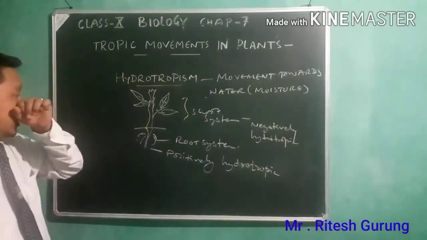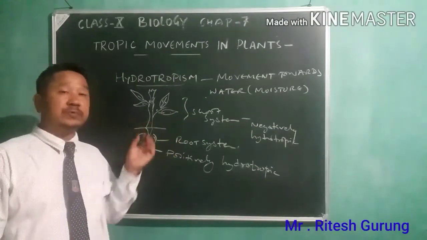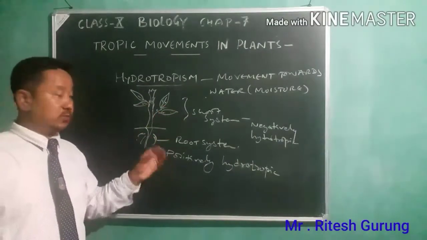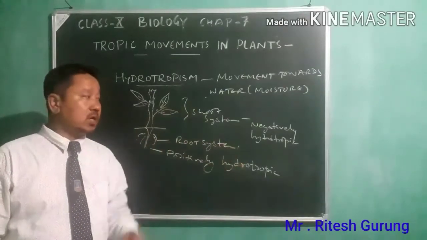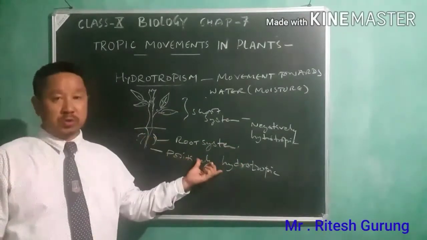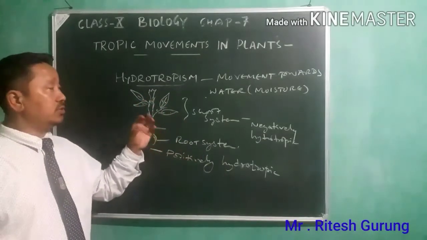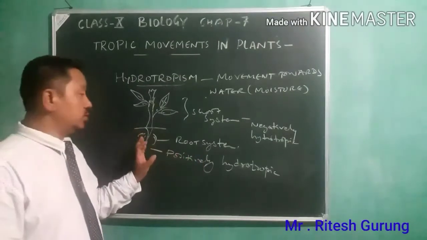In this case also we see two different movements by the two different systems, the shoot system and the root system. The root system is positively hydrotropic, moving towards the source of water or moisture, because plants need water, which is supplied from the root system only.